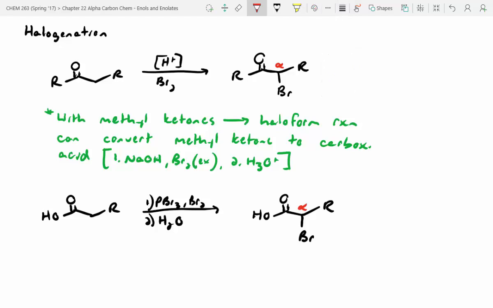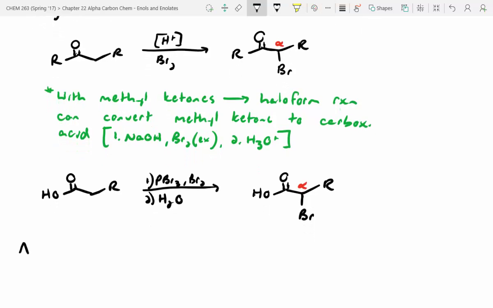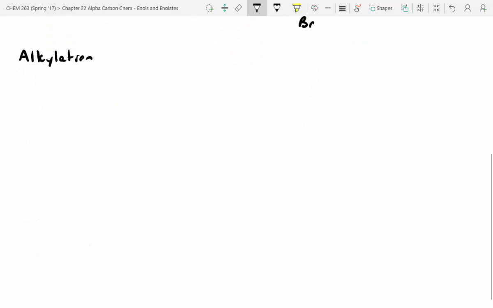Okay, we also saw halogenation, or sorry, not halogenation, alkylation of the alpha position. And there were a handful of alkylation reactions we saw.